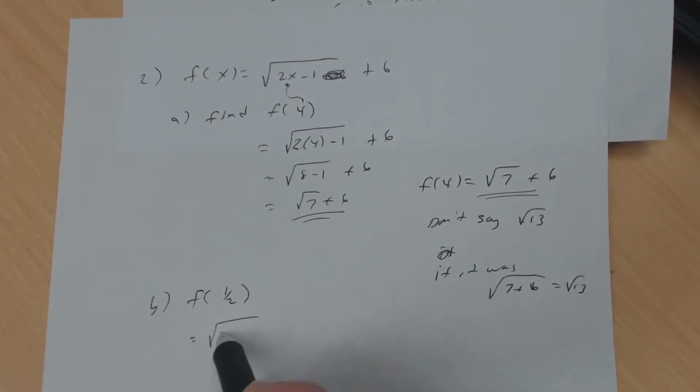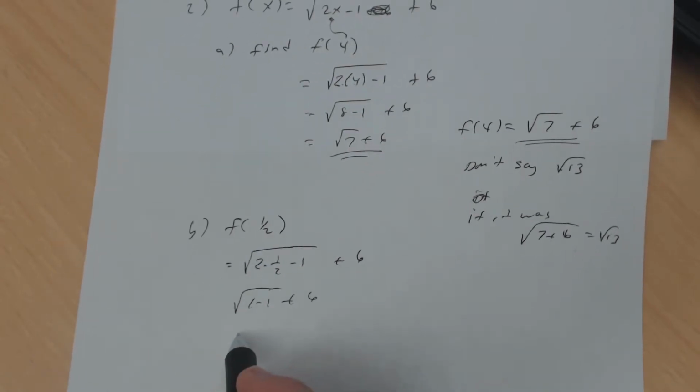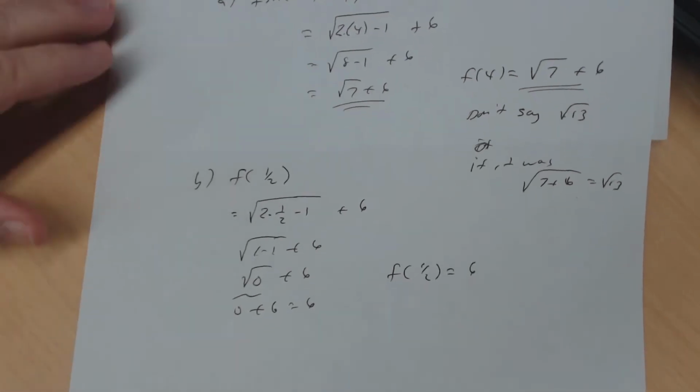So I get the square root of 2 times 1/2 minus 1 plus 6. 2 times 1/2 is 1. 1 minus 1 plus 6. 1 minus 1 is 0. Square root of 0 plus 6. Square root of 0 is 0. 0 plus 6 equals 6. So f of 1/2 equals 6.